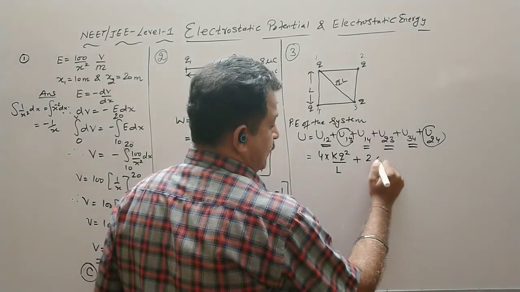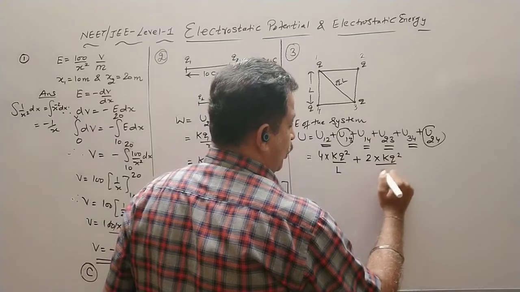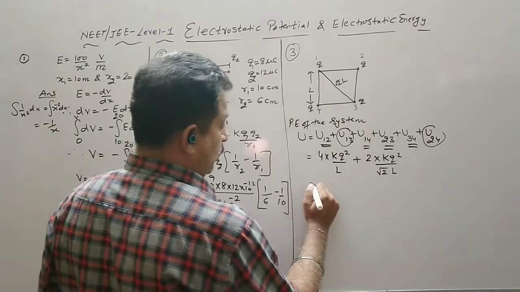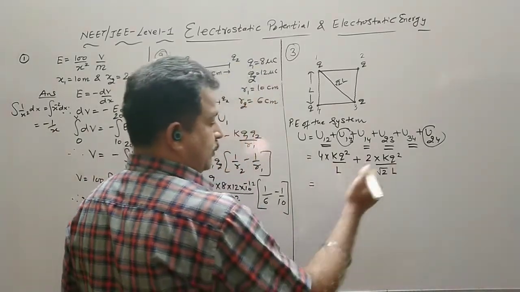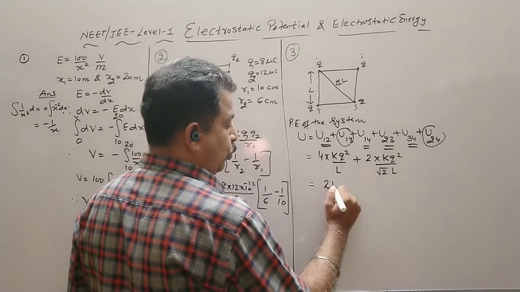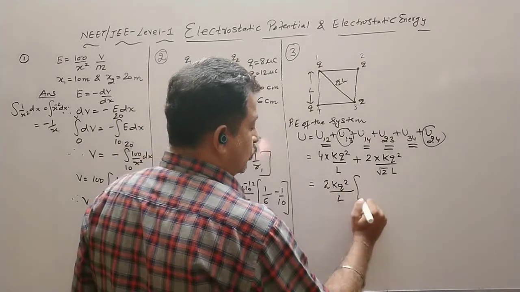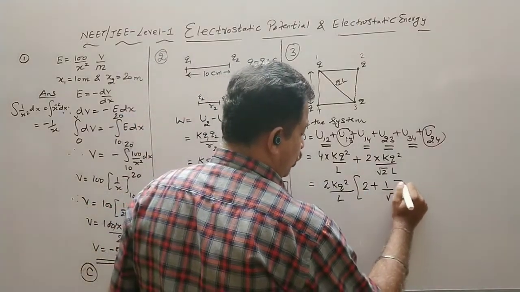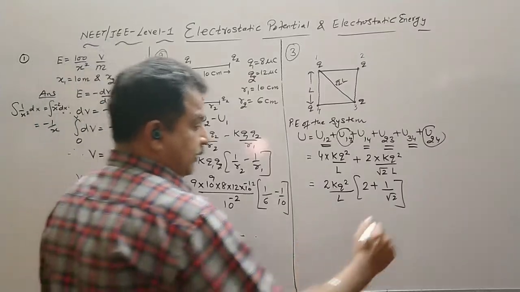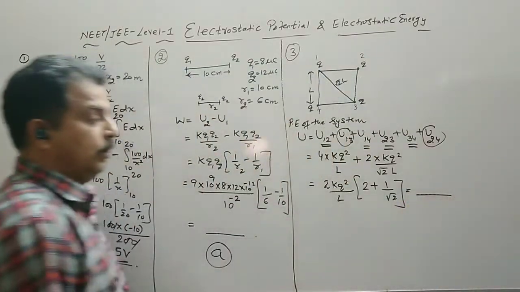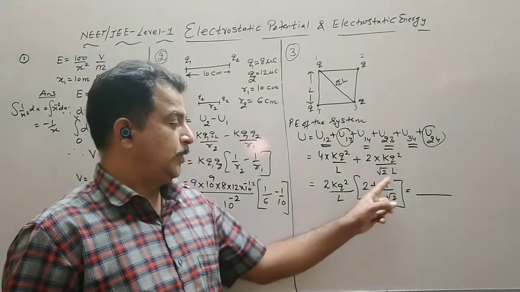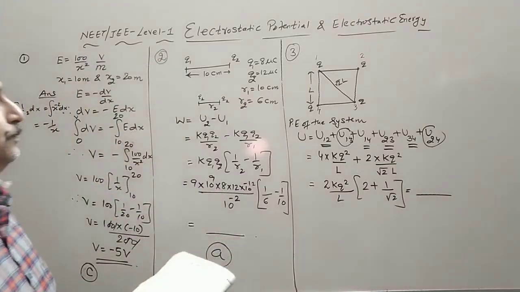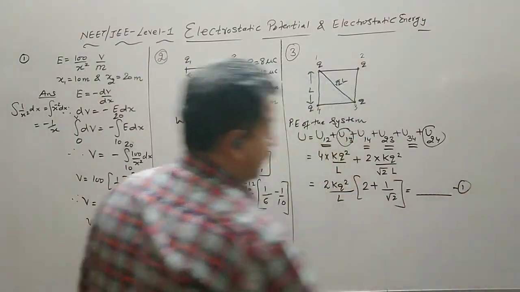So it becomes twice kq square upon root 2 L. So if we take 2kq square upon L common, it comes out to be 2 plus 1 by root 2. So the first step is to find out this value: you do 2 plus 1 divided by root 2, multiply by 2kq square upon L, whatever answer it comes out to be. This is our equation number 1.